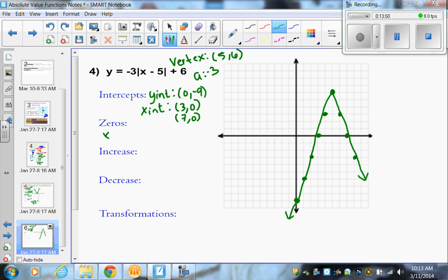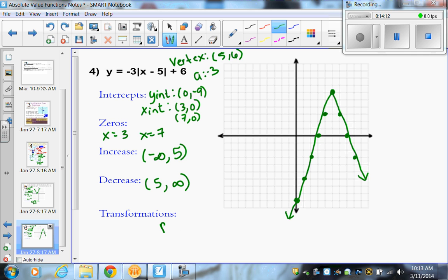So my zeros would be x equals 3 and x equals 7. The graph on the left side is increasing. So then that means from -infinity to the x-coordinate of the vertex, which in this case is 5. That means it has to decrease from the vertex to the right, which is +infinity.